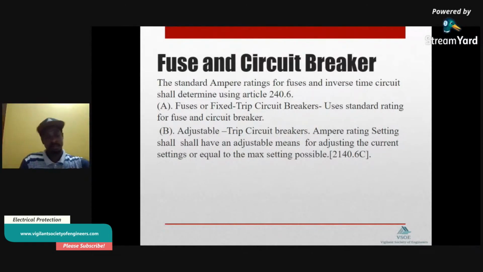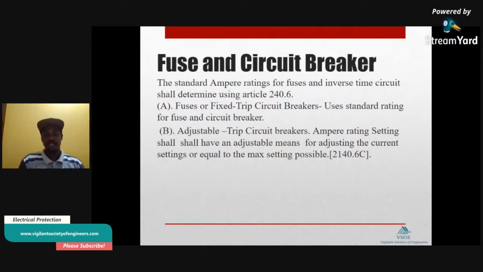The standard rating is manufactured and listed according to the code, the National Electrical Code. Right, so again, we find in the code book where you can see the rating of overcurrent protection devices and fuses that are available on the market.